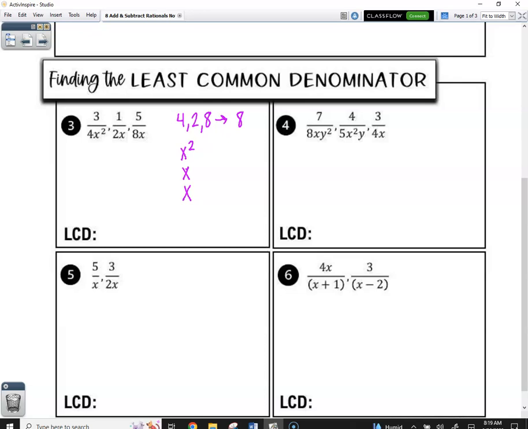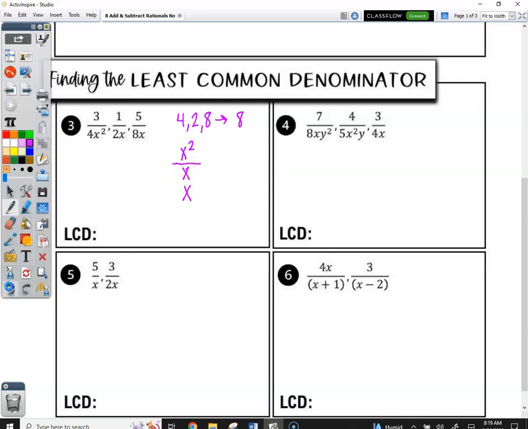Will x divide into x squared? Yeah. And when I say will it, I mean like imagine, oh yeah, it'll divide into it. So that means it's a multiple. So the LCD of those 3 is going to be x squared.